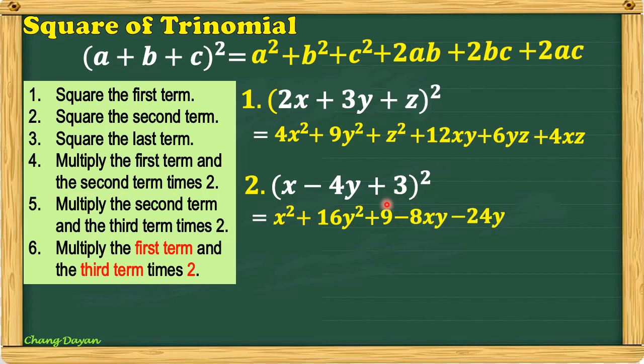And the last one, multiply the first term and the third term times 2. So x times 3 times 2. That is positive 6x.